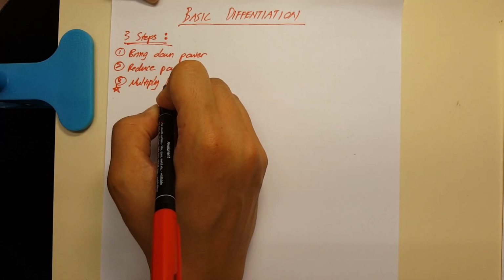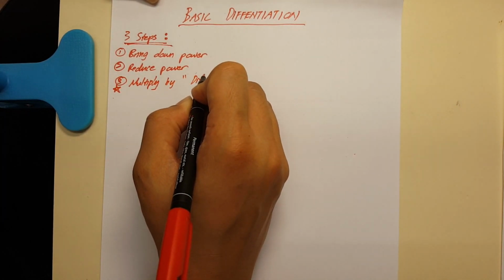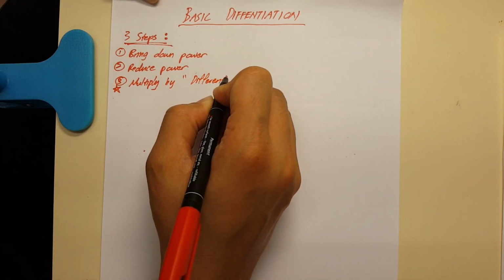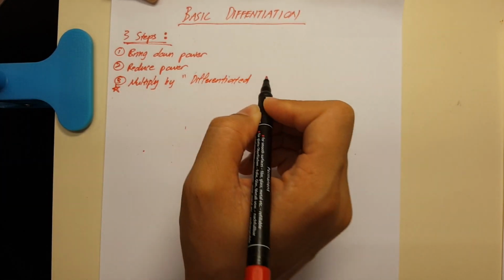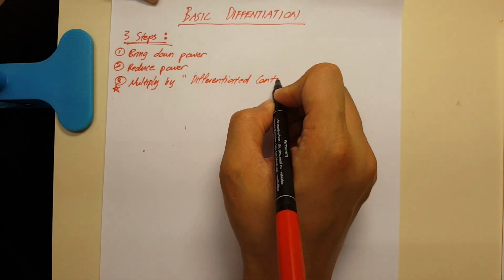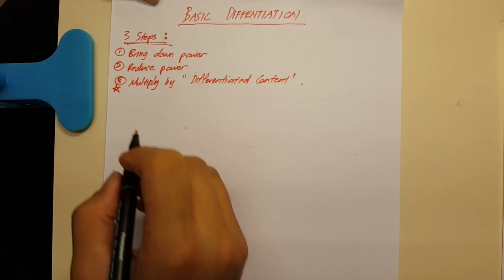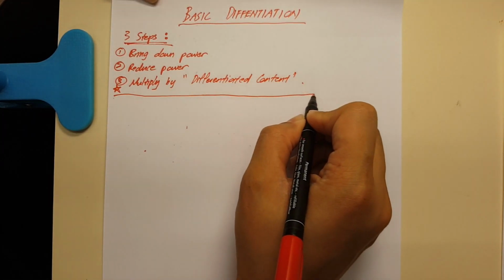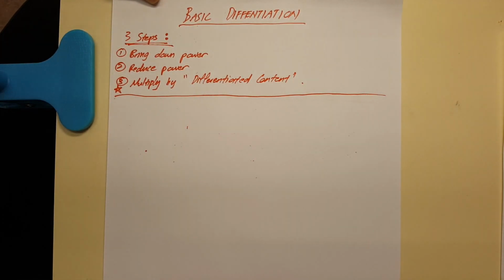Multiply by differentiated content. These are the 3 steps. Okay. So without further ado, let's start a few questions to see how we are able to apply it.